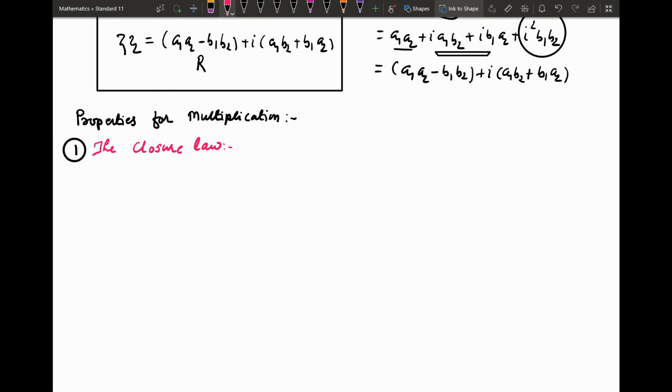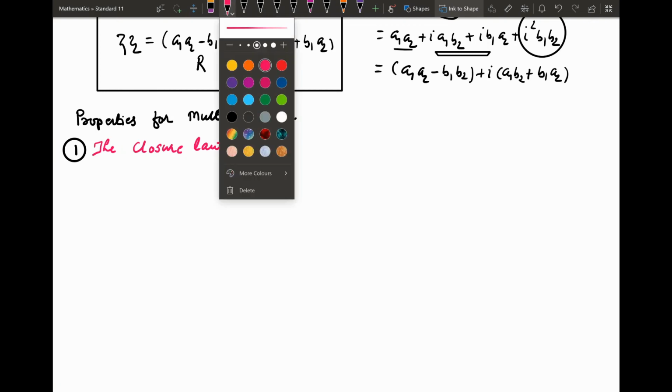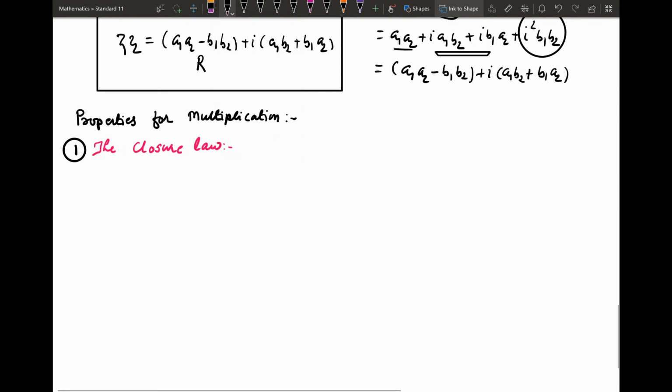According to closure law, if Z1 is a complex number and Z2 is a complex number, in addition Z1 plus Z2 was a complex number. So here this is the closure property for multiplication. Z1 into Z2 is also a complex number.